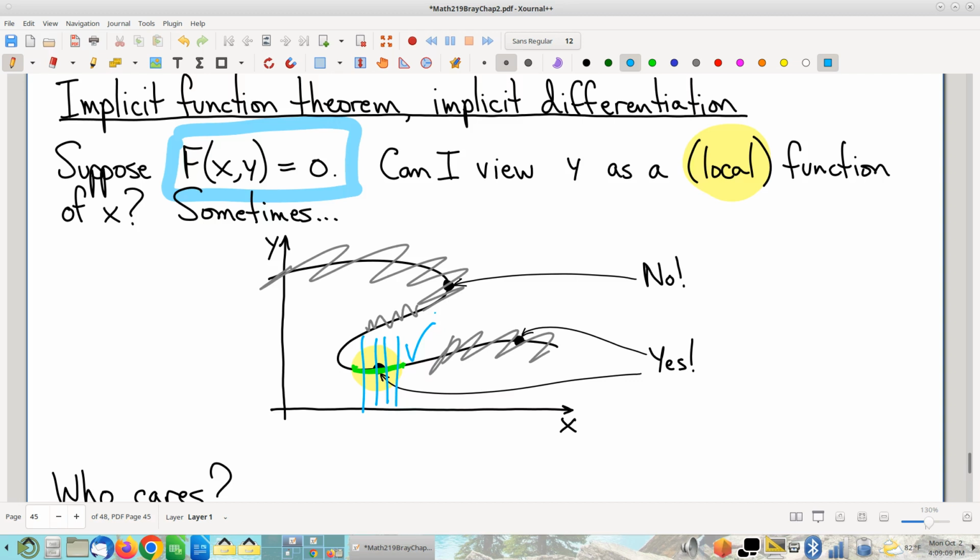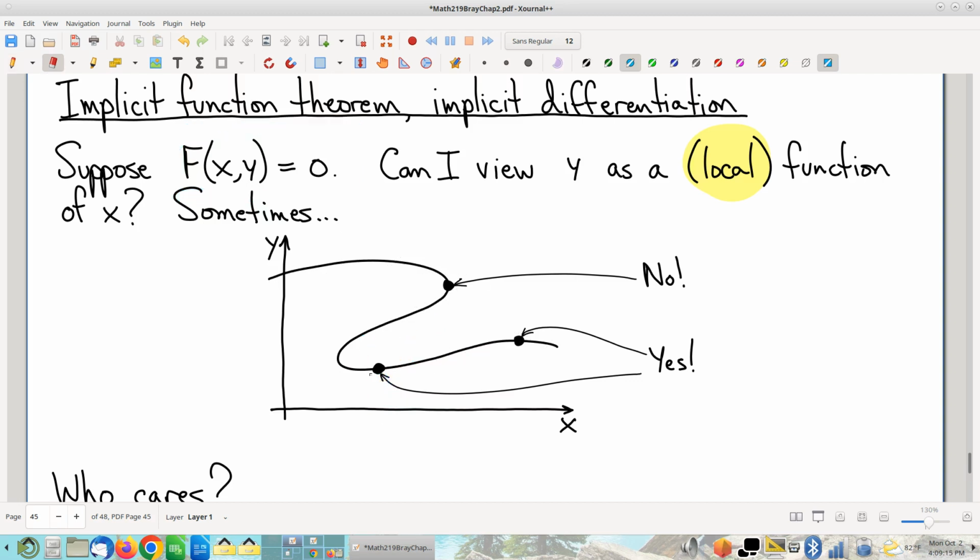Now it seems kind of silly. Wouldn't this always work? Certainly it works around that point: y is a function of x because it passes the vertical line test, no problem.